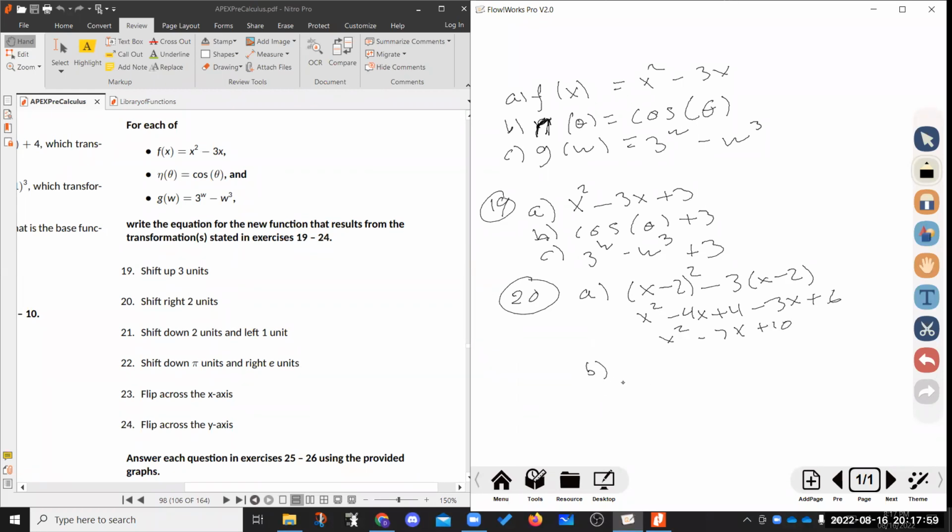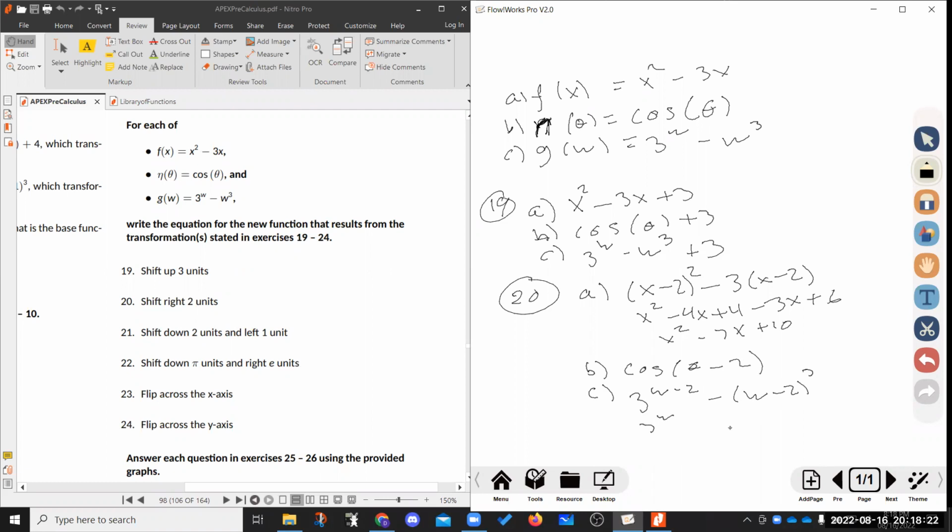B is, again, to the right 2 units, cosine of theta minus 2, and to the right, the 3 to the w minus 2 minus w minus 2 to the third.